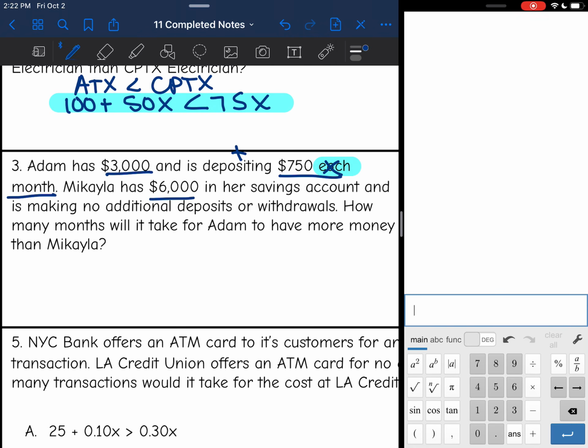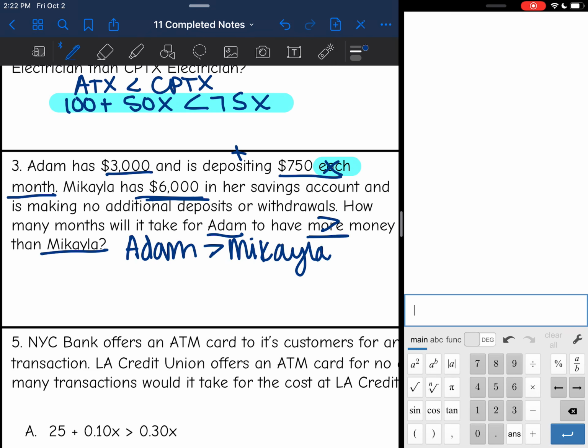Michaela has $6,000 in her savings account and is making no additional deposits or withdrawals. So she just has $6,000. We're not adding or subtracting anything. How many months will it take for Adam to have more, sounds like greater than, Michaela? So we are looking for when Adam has more than Michaela.